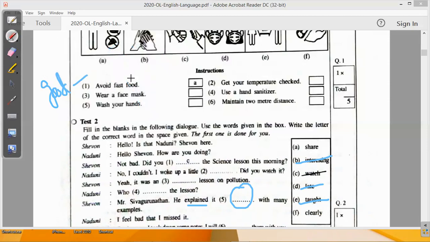So this has to be learned. Okay, so in this case they have done a little favor for you as a candidate by giving something regular. Okay, so this has to be something with ly, clearly. Okay, he explained it clearly. Now this is the answer. So whatever coming next, right, should be filled with share, because we are pretty sure that we have done everything correctly. Okay, now let's read that out and see.